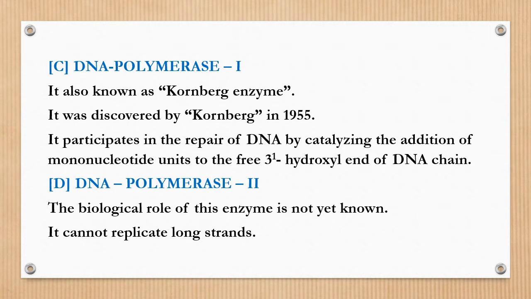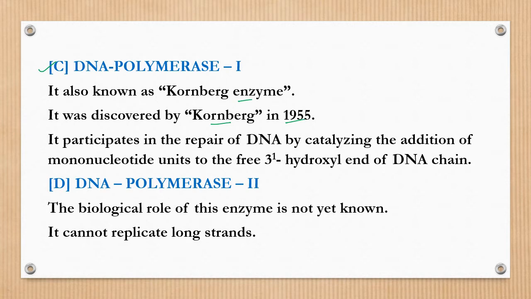Next enzyme is DNA polymerase 1. It is also known as the Kornberg enzyme because it was discovered by the scientist Kornberg in 1955.